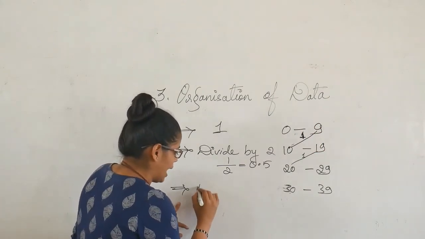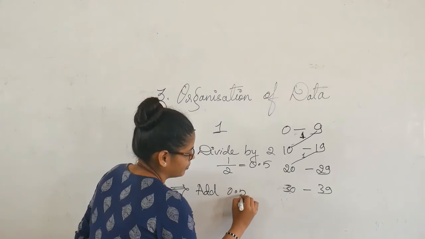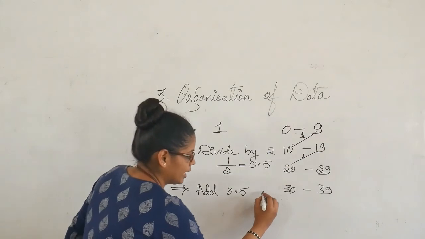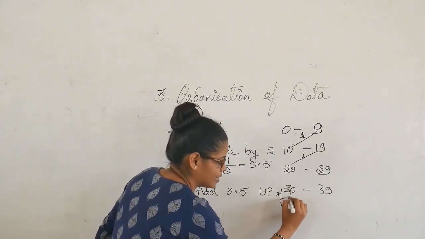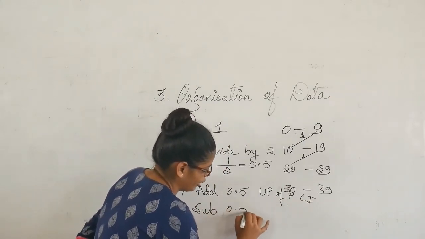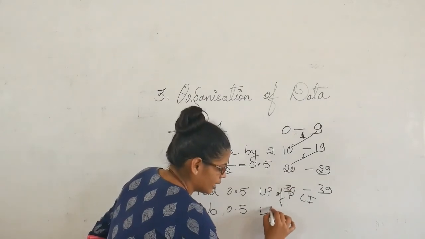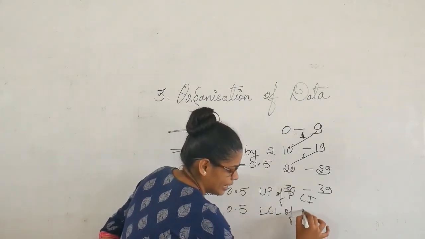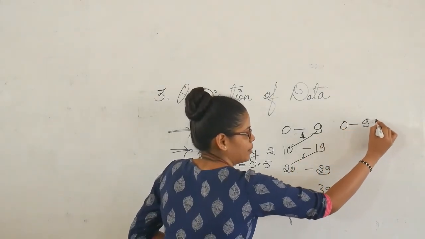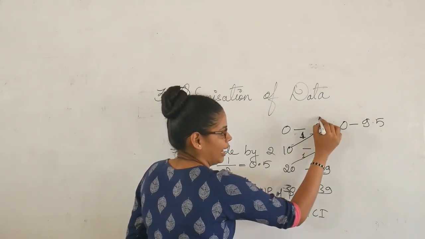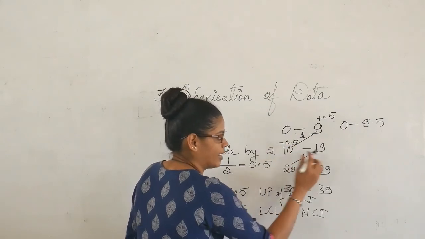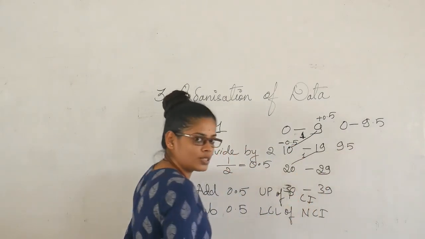We add this 0.5 to the upper class limit of the previous class interval and subtract 0.5 from the lower class limit of the next class interval, which becomes 0 to 9.5. If you add 0.5 here and deduct 0.5 from this 10, it becomes 9.5 here also.